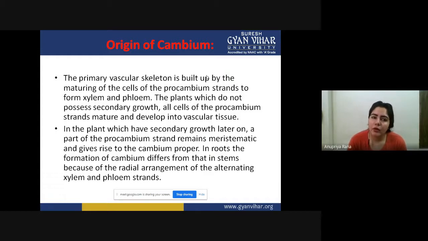If we talk about the apical cell theory, histogen theory, and tunica corpus theory, the innermost fundamental layer is devoted to designing the procambium. So the cambium for secondary growth will be built by the mature cells of the procambium strands. These procambium strands are very primitively present inside a plant body.